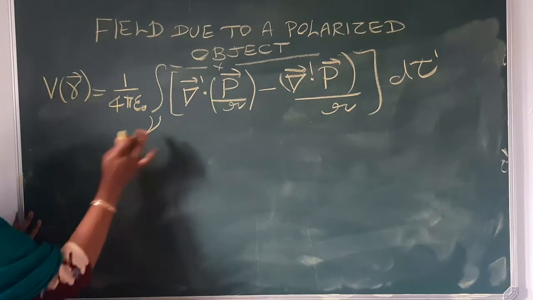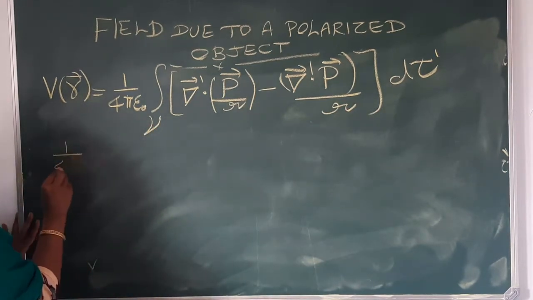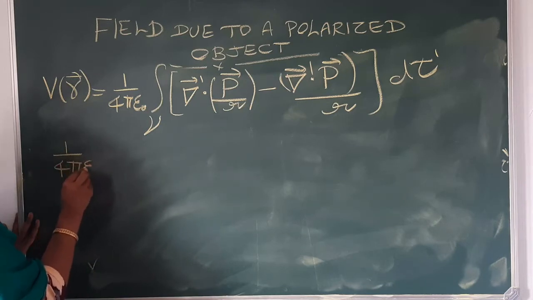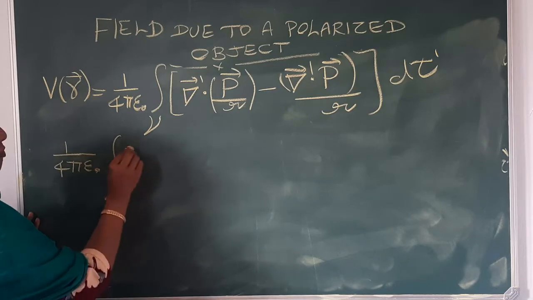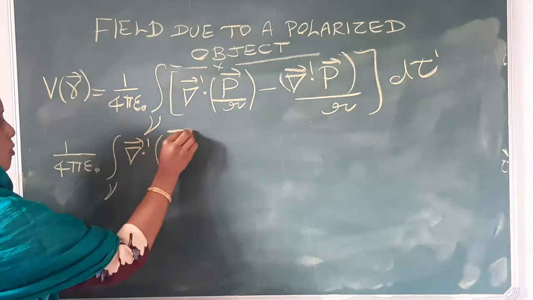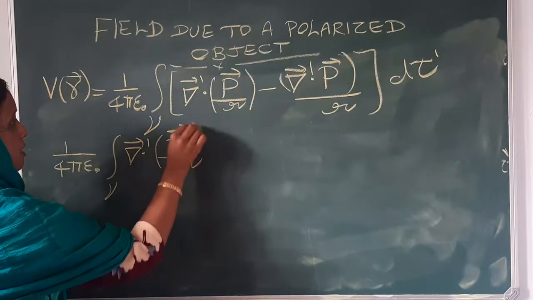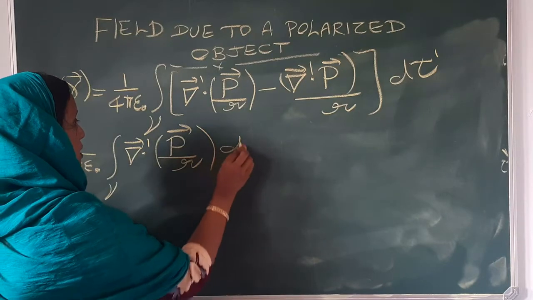So for this first term we can apply Gauss divergence theorem. That means 1 by 4 pi epsilon 0 volume integral of divergence of polarization by separation vector d tau prime.